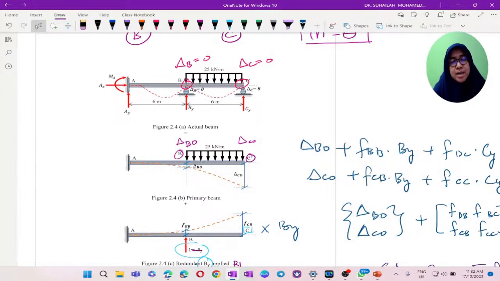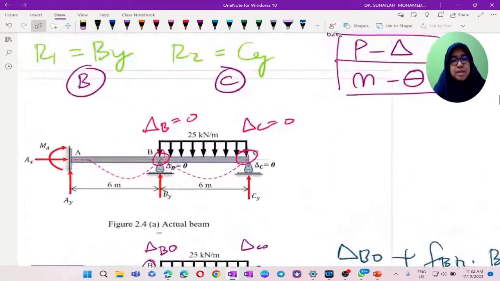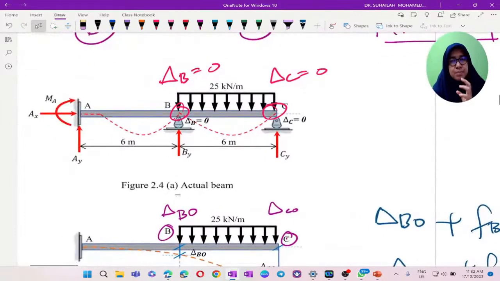Equation number one is based on the displacement at position B, redundant BY, location at B. Equation number two, redundant is CY, location at C. We start with B first.